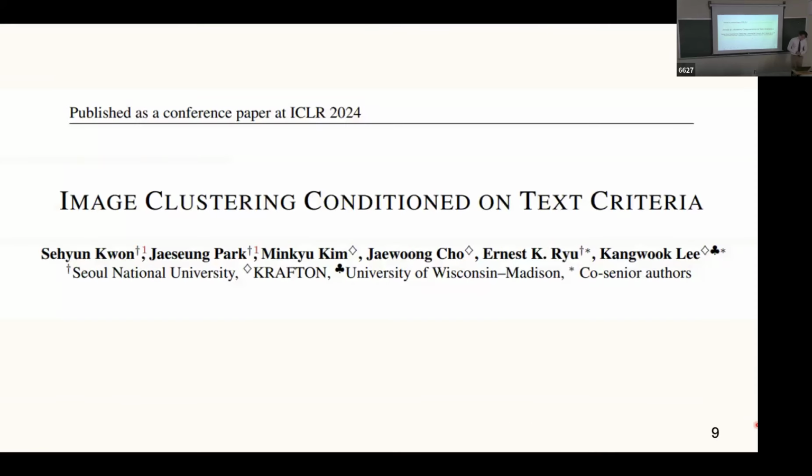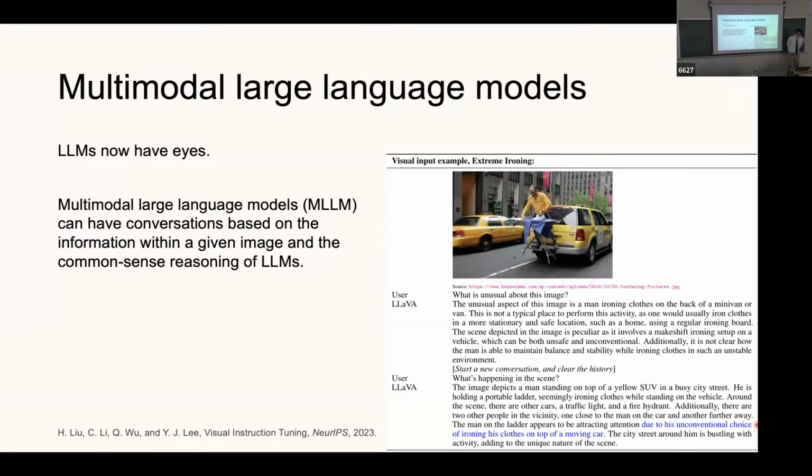Okay. All right. And here's another work in a similar vein. This is work that I participated in. It's entitled Image Clustering, Image and Text Criteria, published this year. So around mid last year, ChatGPT and a lot of language models basically acquired eyes.